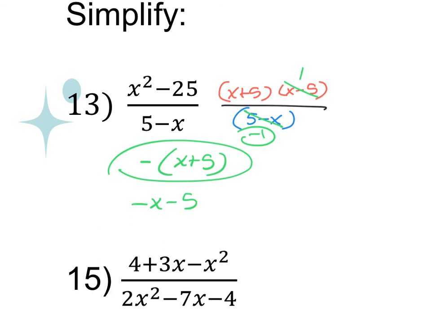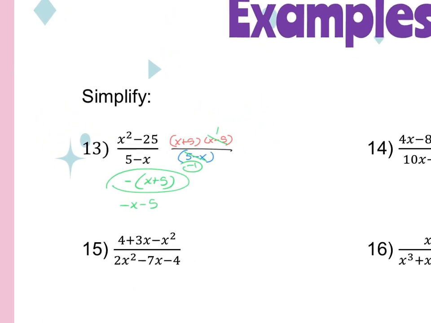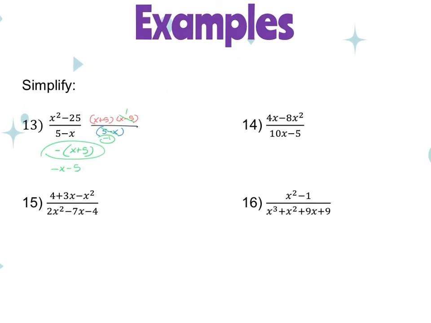Number 14 is also a GCF. So from the numerator, I can factor out a 4x. And from the denominator, I can factor out a 5.